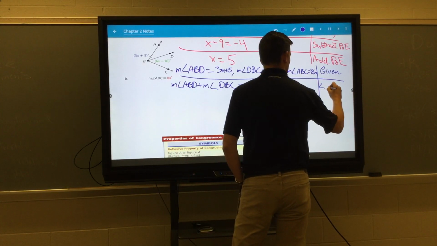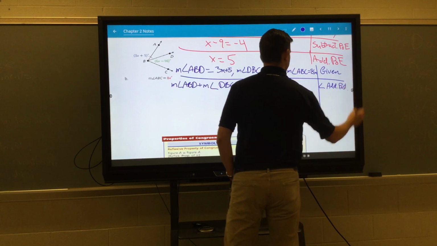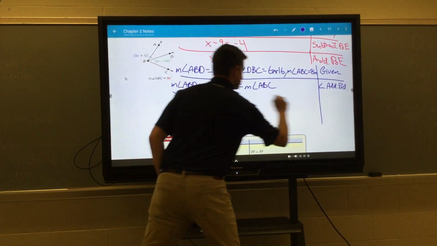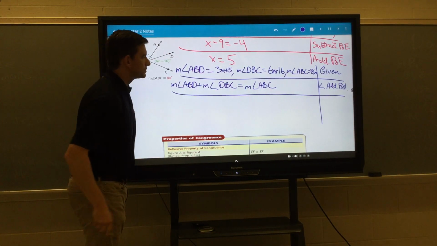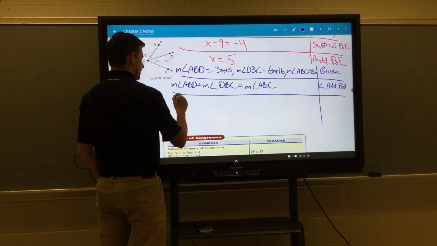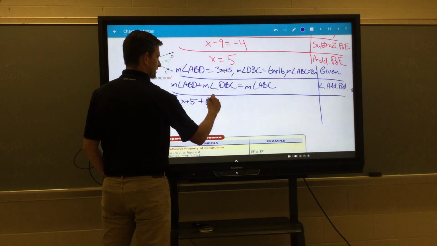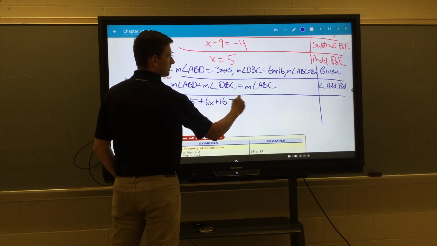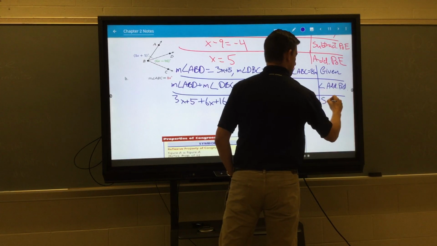And we've used angle addition postulate. Now we can substitute our expressions in for these angle measures. 3x plus 5 plus 6x plus 16 equals 8x. Again, that's a substitution.